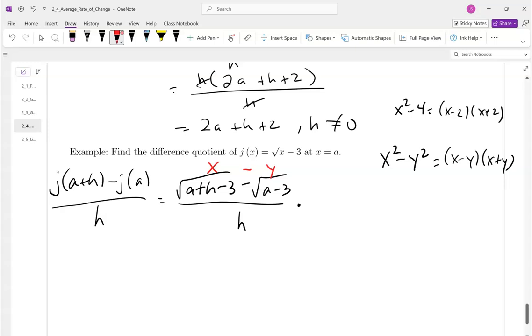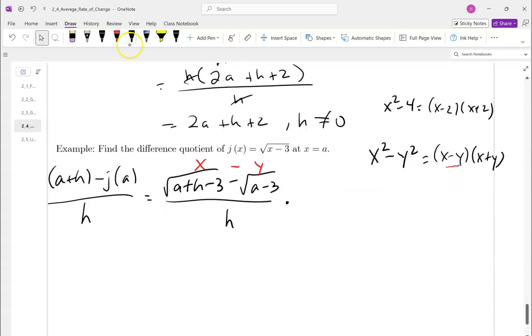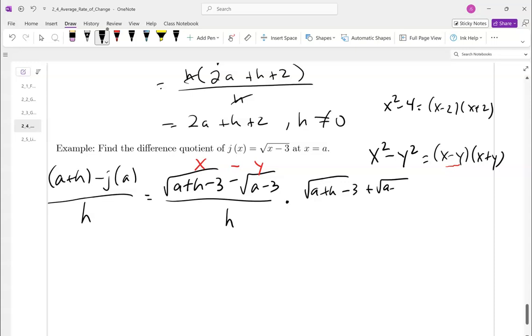If I want to make it x squared minus y squared, multiply by a plus h minus 3 plus a minus 3. That gives me x plus y. This is my x, this is my y. x minus y times x plus y is x squared minus y squared. Now, can I just multiply the top by that and keep everything the same? No. I multiply the bottom by it too.